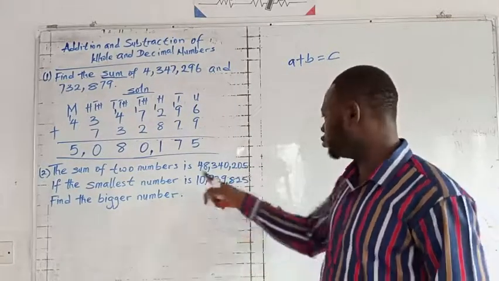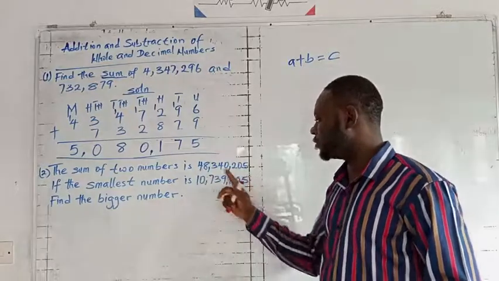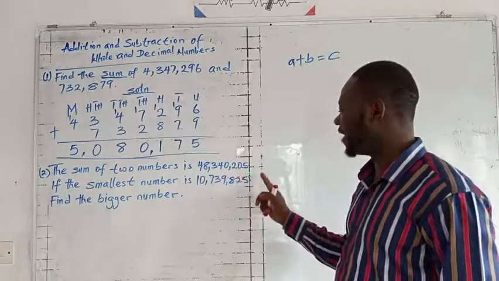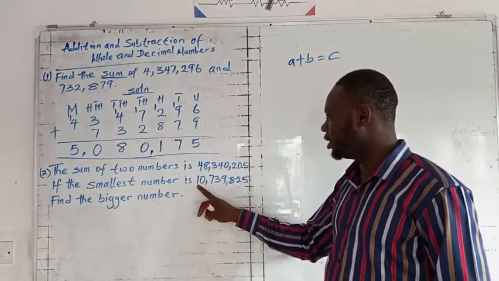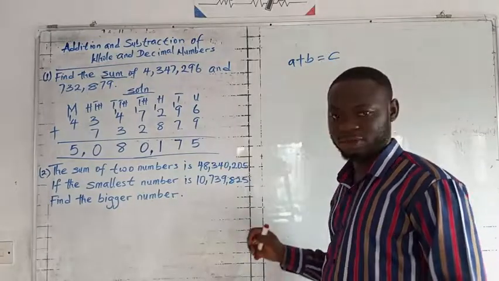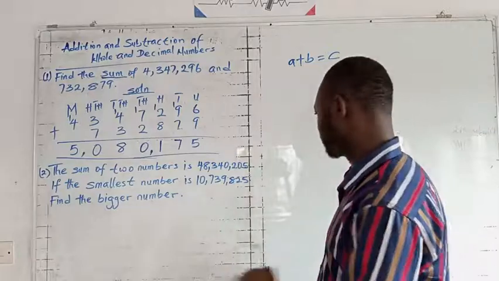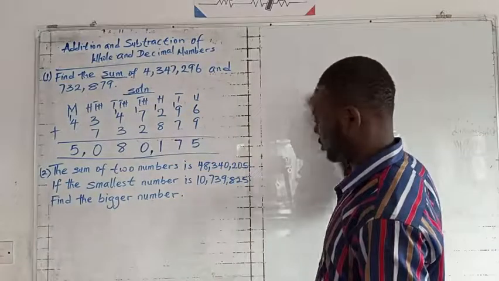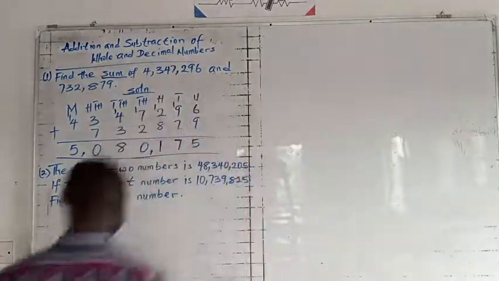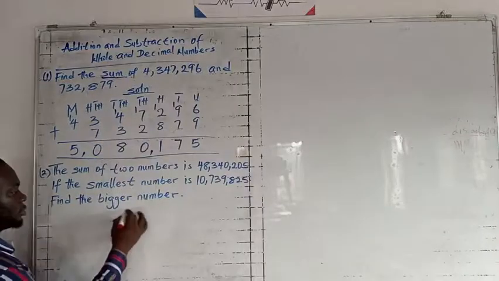Alright? So we are going to use 48,340,205 to take away 10,739,825. Okay? So let's solve it. Solution.